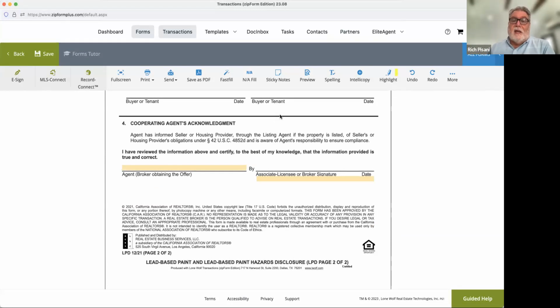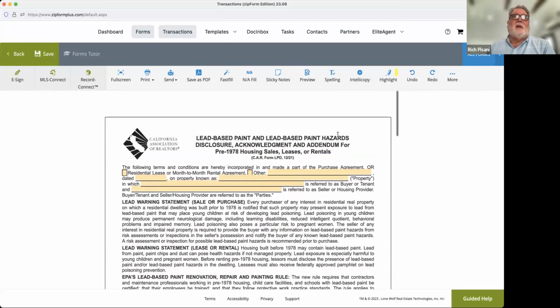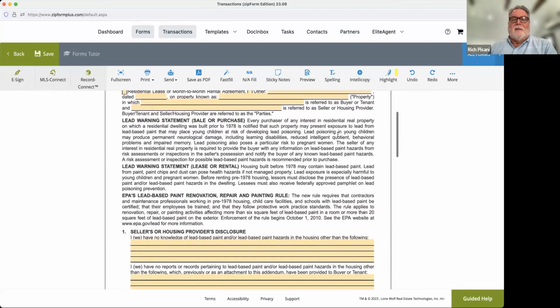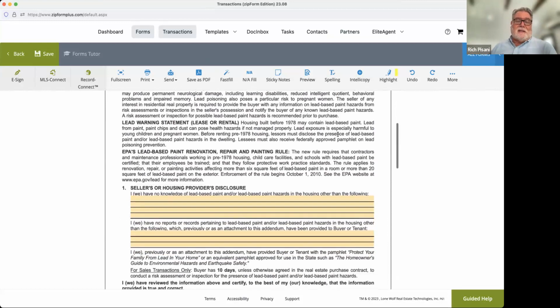But they're not exempt from this, because if it's built before 1978, you're going to have that knowledge. The sellers have no knowledge of lead-based paint or hazards in the house, so they don't fill anything out. They're not disclosing anything because they have no knowledge of it.